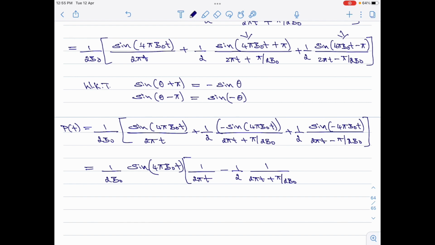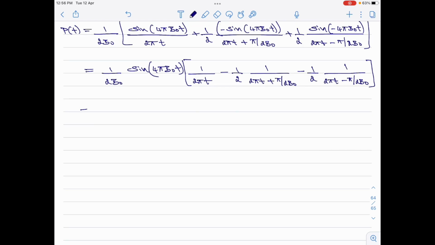Then we have sin of minus 4 pi b naught t, but what we have taken common is sin plus 4 pi b naught t. We know that sin of minus theta is equal to minus of sin theta. So, therefore, this also reduces to minus 1 by 2 followed by 1 divided by 2 pi t minus pi divided by 2 b naught.